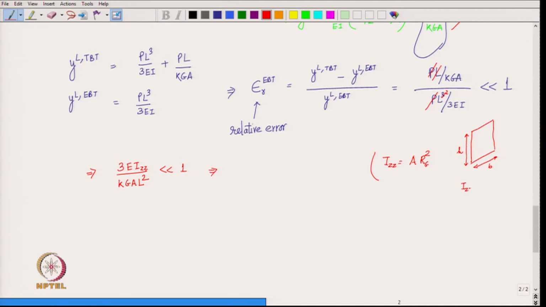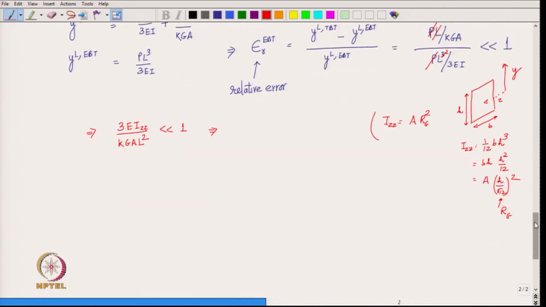So, I_zz is 1/12 b h³, which we could also write as b h into h²/12, and b h is the area. So, area times (h/√12) whole squared. So, h/√12 is your R_g. It is proportional to the extent of the beam in the y direction, because that is your y direction and that is your z direction.